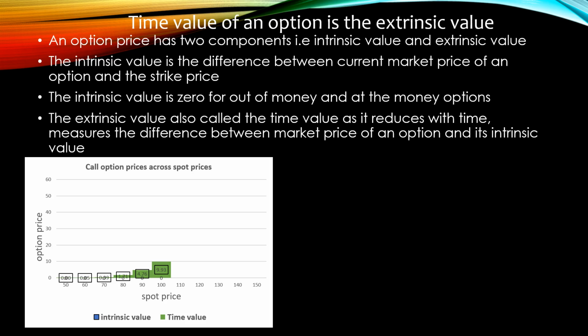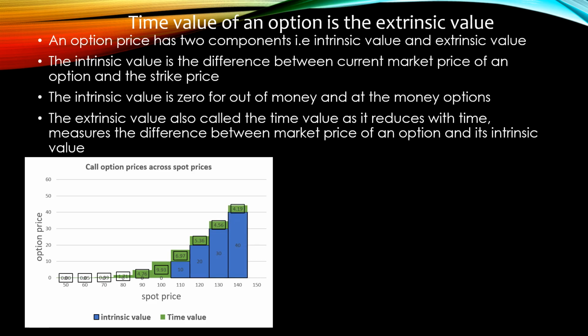Here the strike price is 100, so the time value is highest at 100. As the spot price moves further upwards and the option moves towards being deep in money, the time value reduces and the intrinsic value increases.